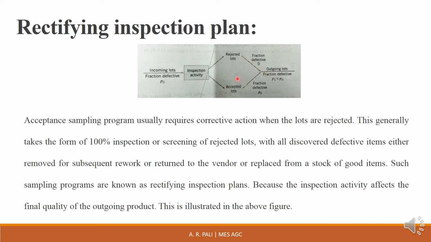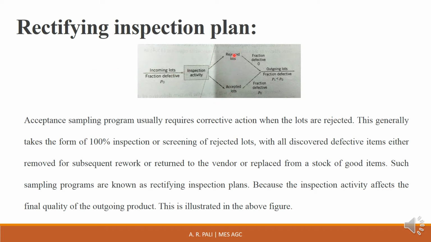In the accepted lots, however, the fraction defective will be P0 only. Because the lot is accepted, we are not doing 100% inspection. We are not replacing the defective items with good items. We are not doing anything, we are just simply accepting the lot. So from all these lots, some lots will be rejected.